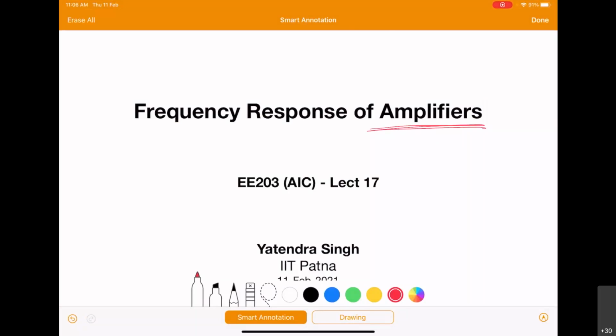Although our study is going to focus on the amplifiers and we will pick those amplifiers one by one, this topic, frequency response, is not only confined to amplifiers, but it can be studied for any two-port network.